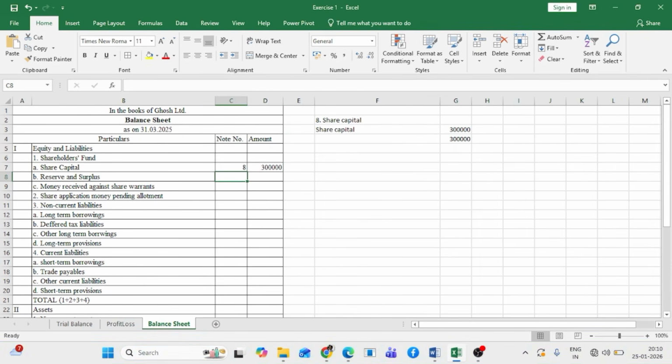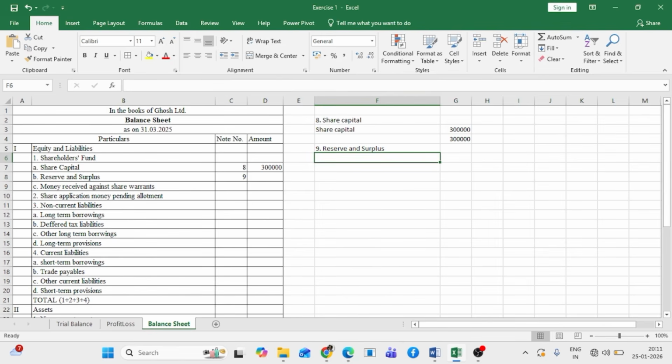Now starting with the reserve and surplus. In reserve and surplus, current year transfer to general reserve is there, current year profit is there. Do we have the previous year balance or opening balance?